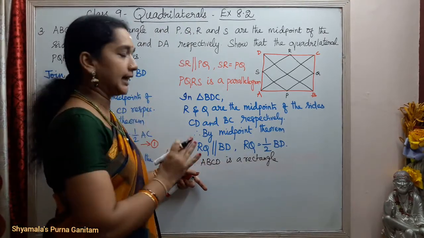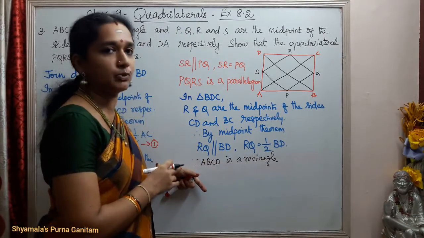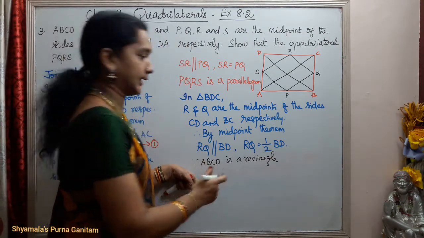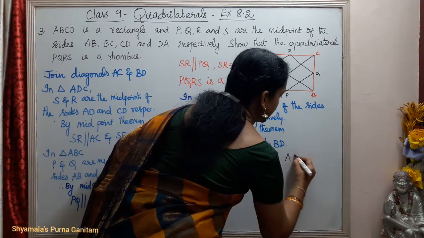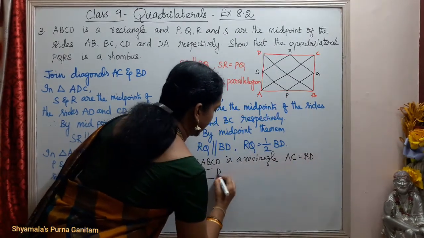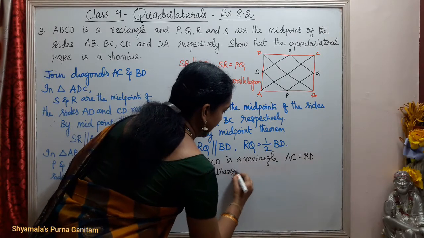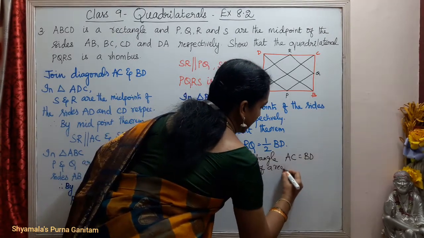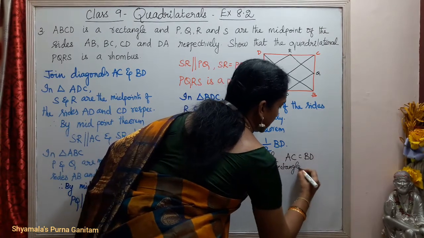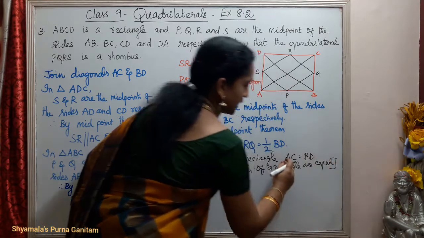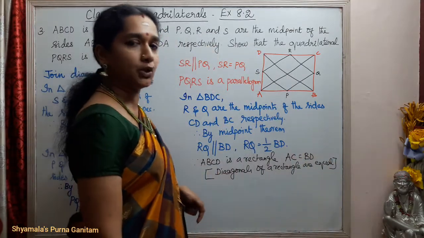For a rectangle, the length of the diagonals will be equal. So since in the question it is given ABCD is a rectangle, we can say that AC is equal to BD. That is, diagonals of a rectangle are equal. So AC is equal to BD.